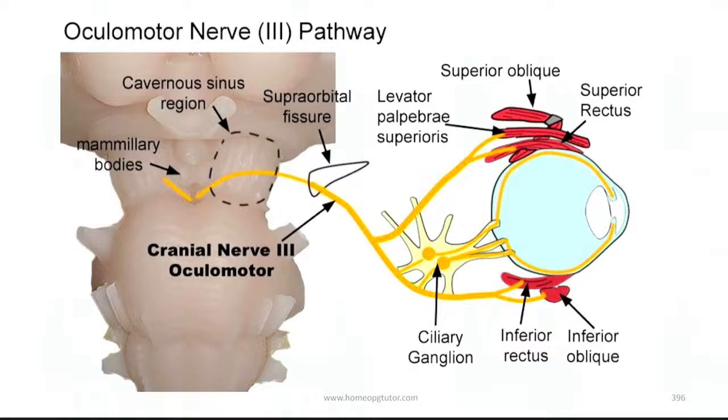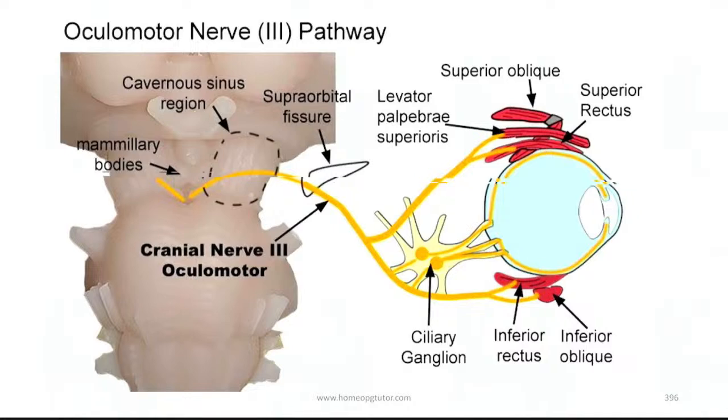One more thing, it gives off ciliary muscle supply and also sphincter pupillae supply. The constriction is via the sphincter pupillae. The sphincter pupillae and ciliary muscles are supplied via the ciliary ganglion. Fine. So that was about the oculomotor nerve.